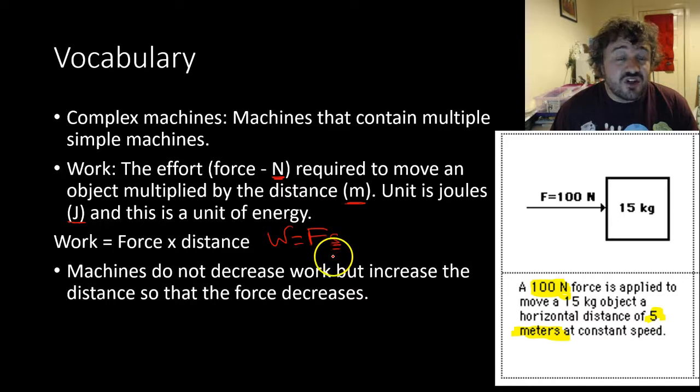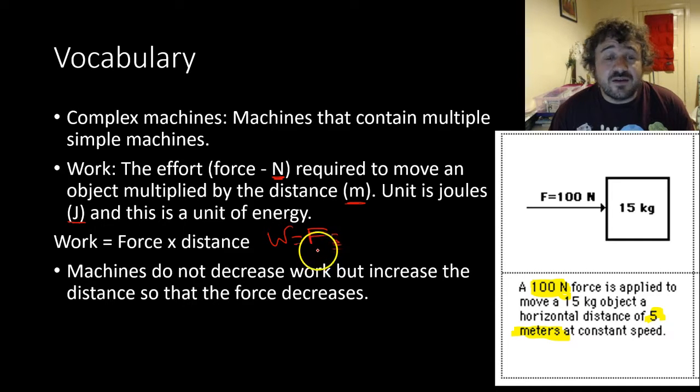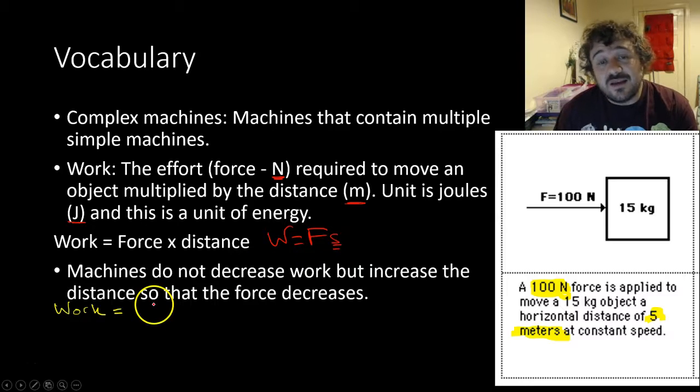What actually happens with a machine is we increase the distance. Okay, so distance goes up. Remember, this number is staying the same, so force goes down, which means it's easier. Less effort is required to move it over a longer distance. So this is how this calculation works.